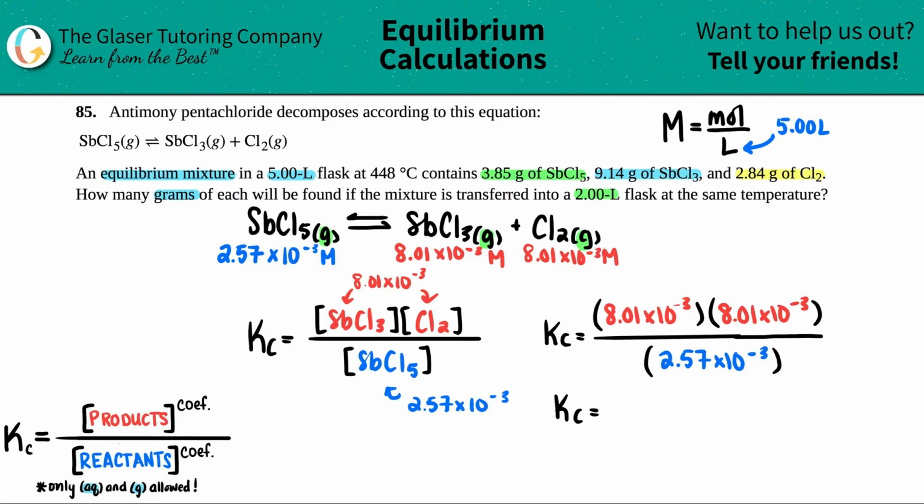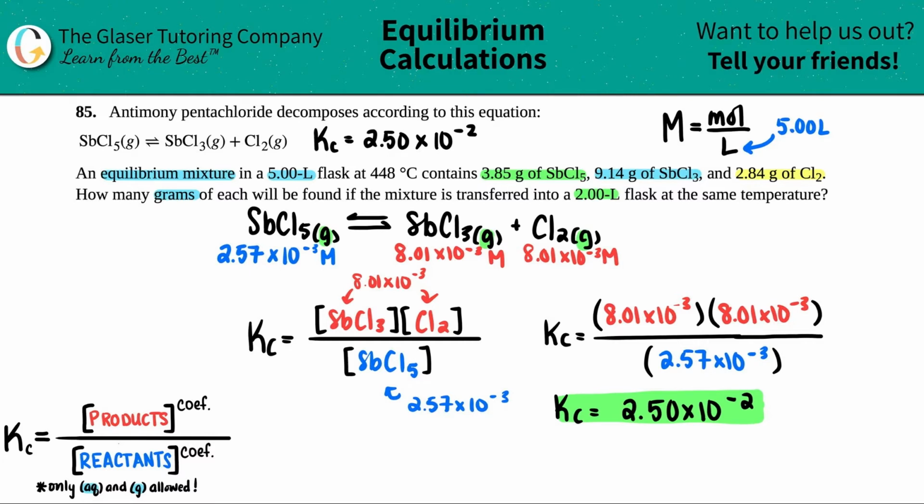So I guess I'll put this in scientific notation. 2.50 times 10 to the negative 2. Remember, there are no units for our Kc expression. Okay, so no units for Kc, no units for Kp. And I'm just going to put that number over here. So we now know that our Kc, our equilibrium value, is 2.50 times 10 to the negative second.